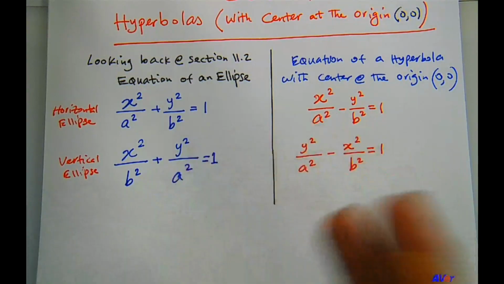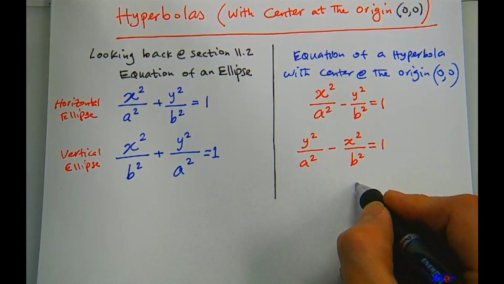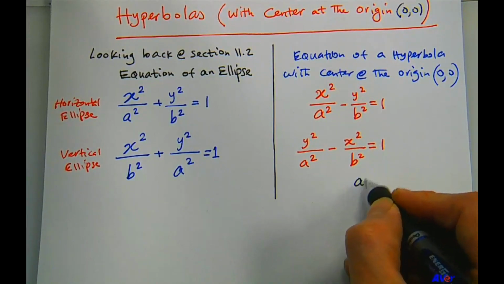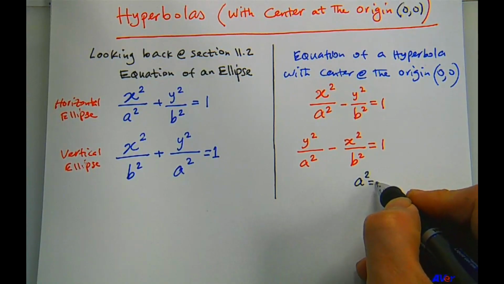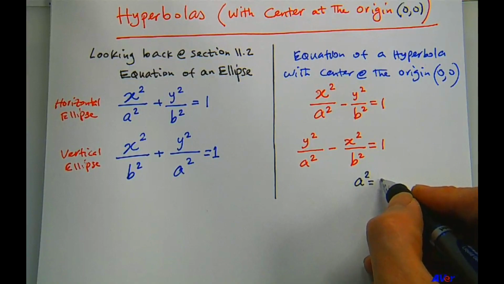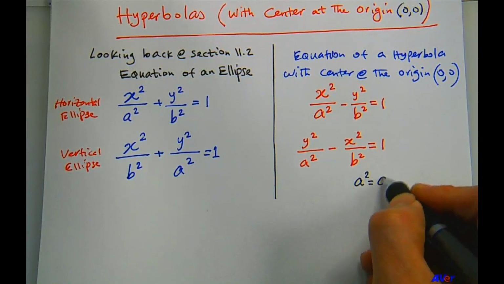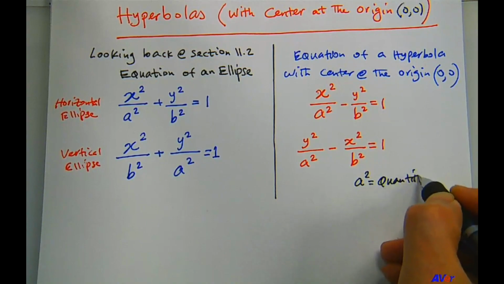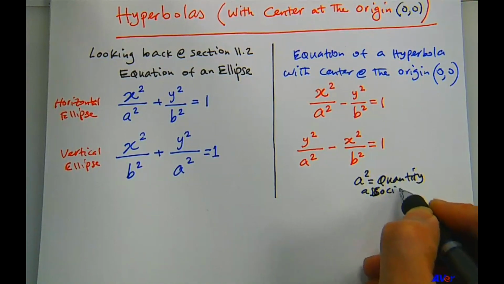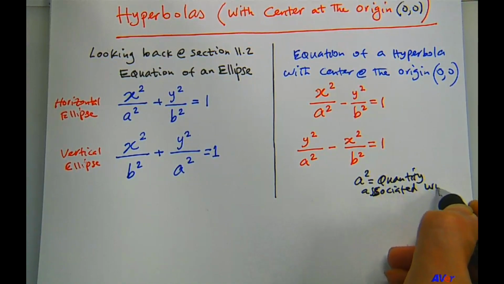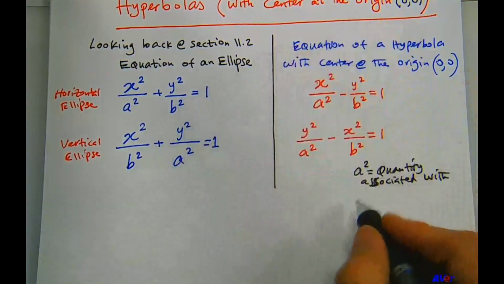I will repeat this again and again: a squared is the quantity associated with the vertices in hyperbola.